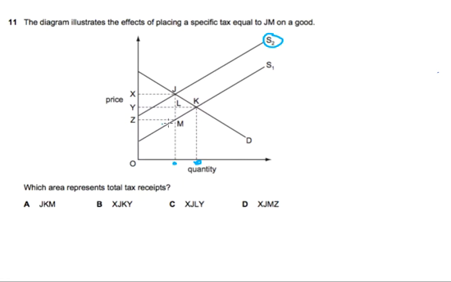receipts. The total tax receipts that are collected, we calculate by multiplying the tax with the quantity which is sold in that market.